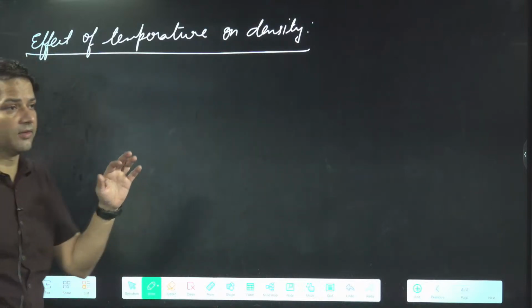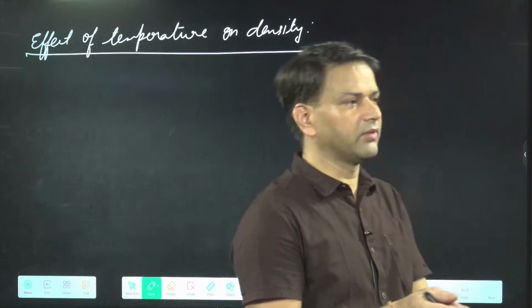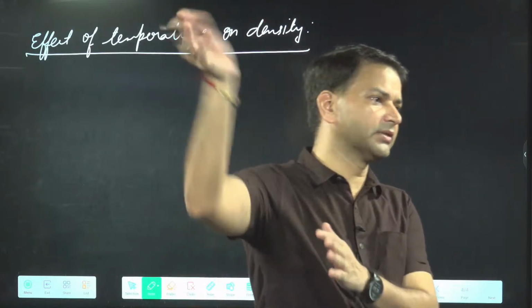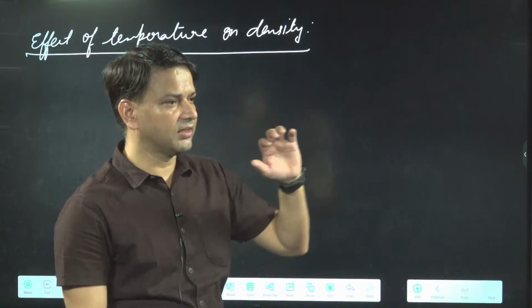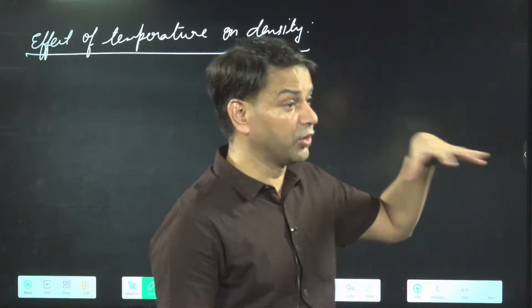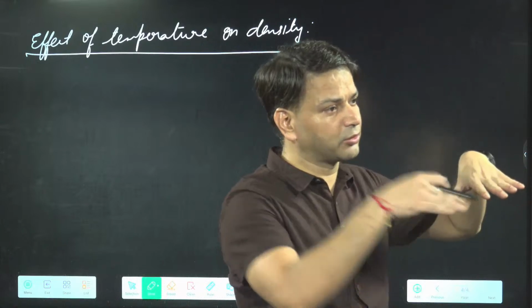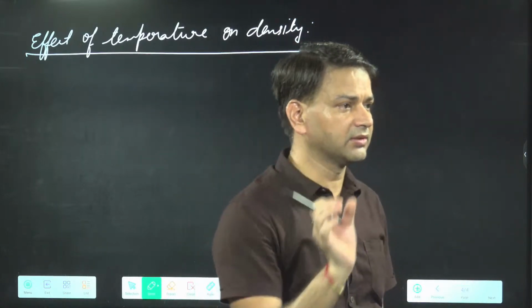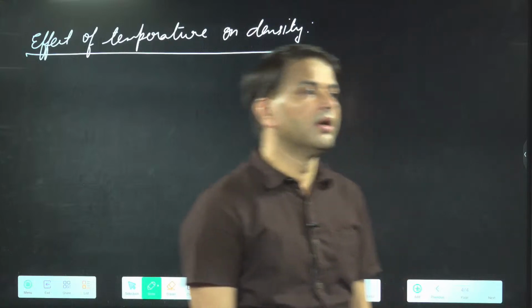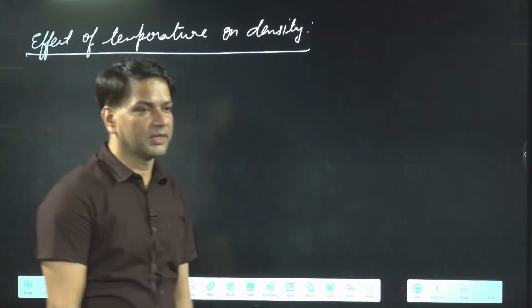First, they have given the initial density, and they are asking for the density at any temperature. Sometimes what happens, they give the data, so we take the initial density at 0. With respect to 0, we find the change. When we are increasing the temperature, we can take delta theta as theta minus 0. D1 is equal to D2 upon 1 plus gamma delta theta.